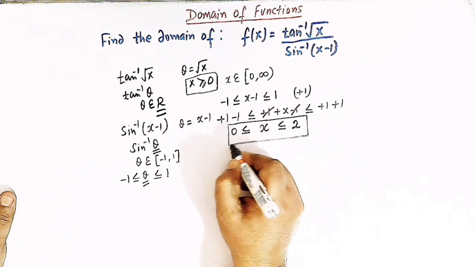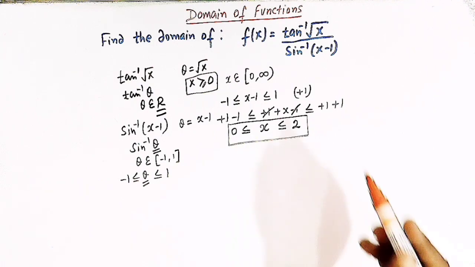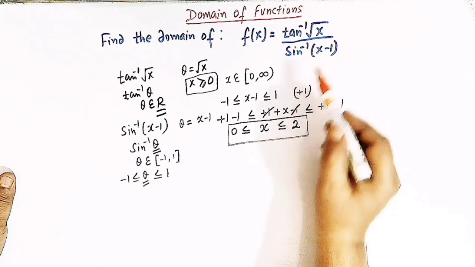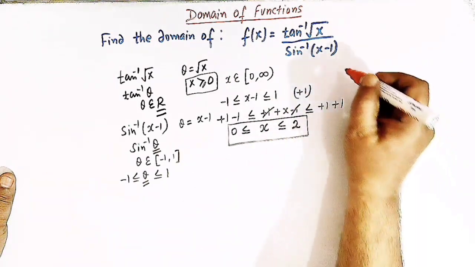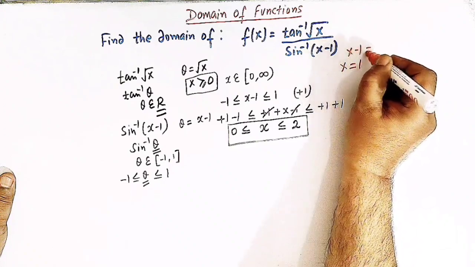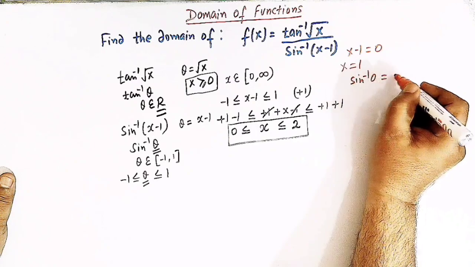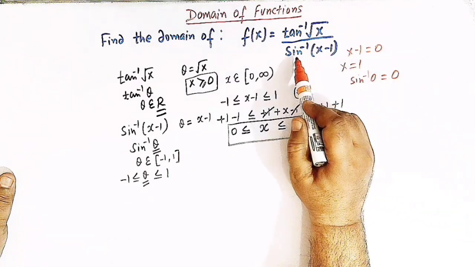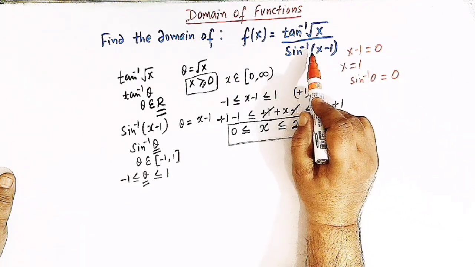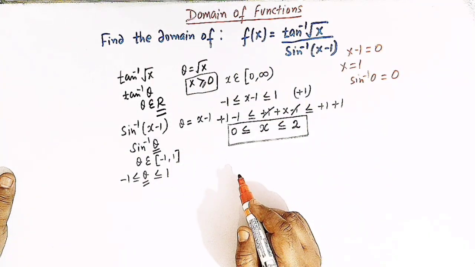Here there is one important thing to note. Sine inverse x minus 1 appears in the denominator. Whenever x is equal to 1, or x minus 1 is equal to 0, then we have sine inverse 0 equal to 0, and we have a 0 in the denominator. In that case, the function f of x is not defined.